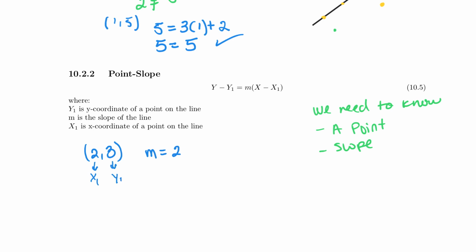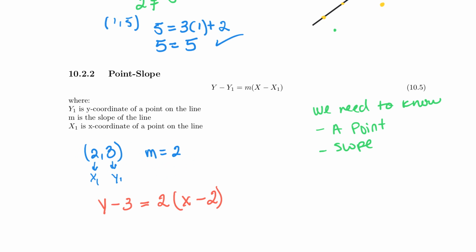So the formula of the line according to point slope will be y minus y1, which is 3, equals m, which is the slope, which is 2, that multiplies x minus x1. Okay, this will be the equation of the line that contains the point 2, 3 and has a slope of 2.